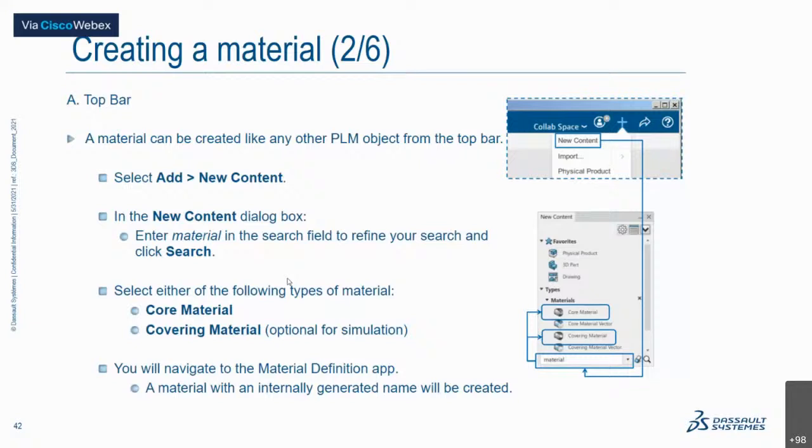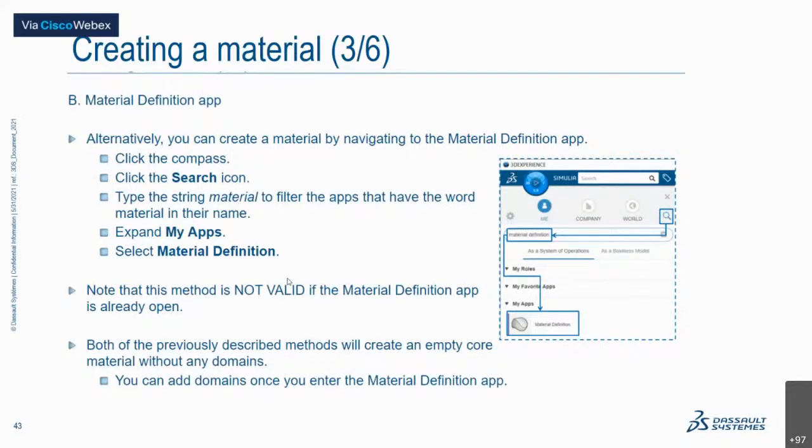The next process is to use the Material Definition app. There's a specific app to create a material. You can go to your 3D compass, search for Material Definition, and open the app itself. Once you open it, one material is automatically created. You can just select which domain is present, whether it's the simulation domain you're trying to change, or the appearance domain.